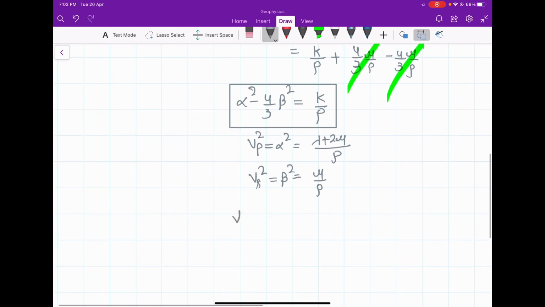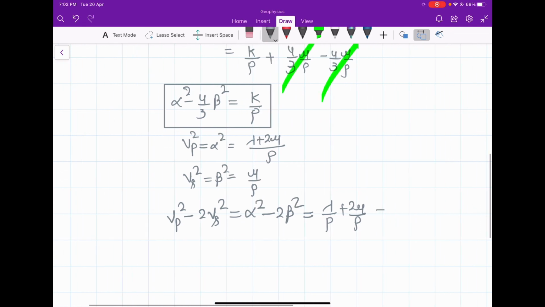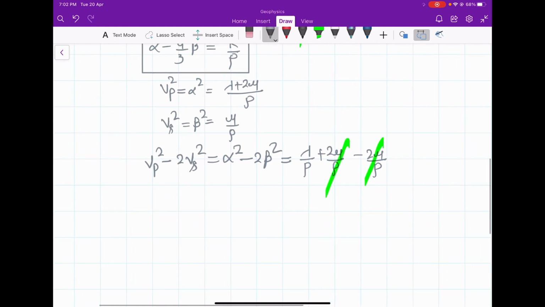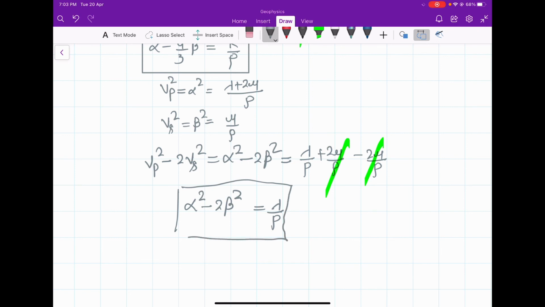If we find Vp square minus 2 Vs square, that is alpha square minus 2 beta square, so that will be lambda by rho plus 2 mu by rho minus 2 mu by rho. So here again this term will cancel out. So alpha square minus 2 beta square is equal to lambda by rho. So answer will be lambda by rho.